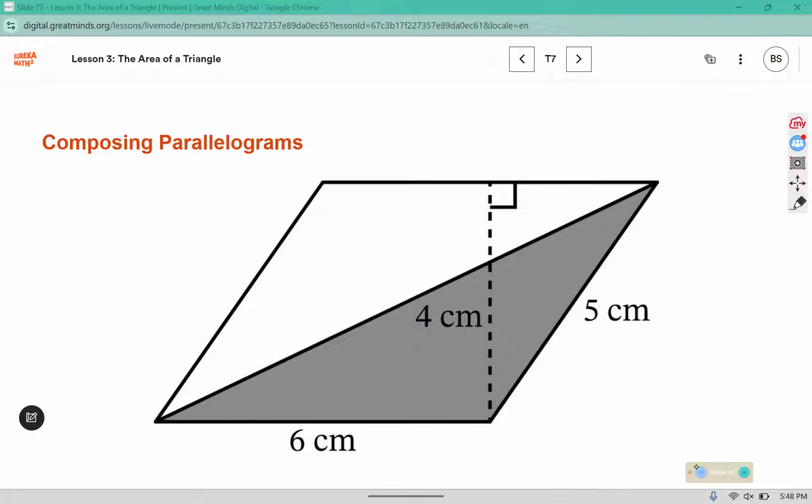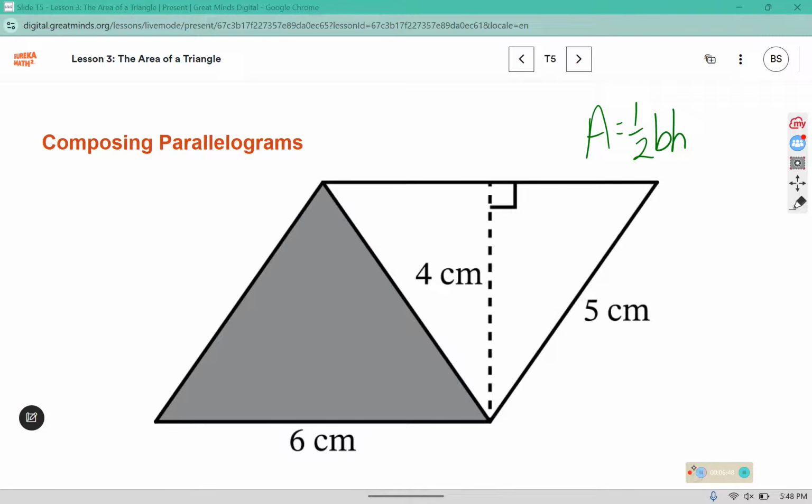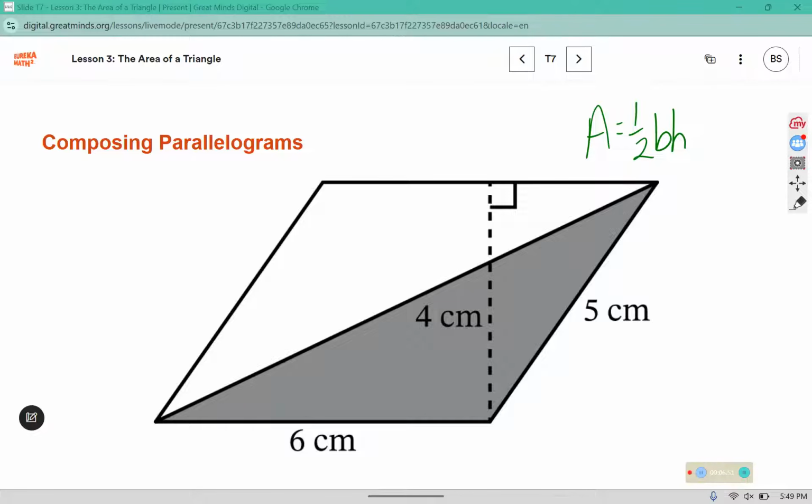Since the whole parallelogram had an area of 24 centimeters squared, each of these triangles is 12 centimeters squared. So we know that this formula works for right triangles, acute triangles, and obtuse triangles.